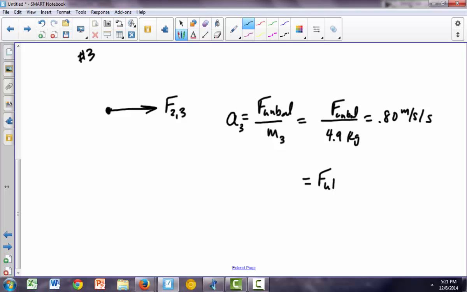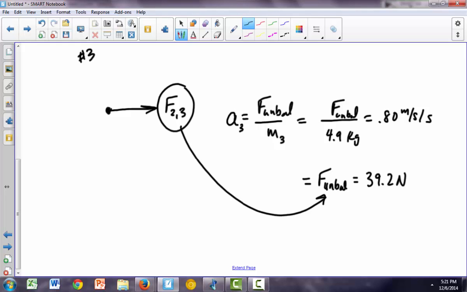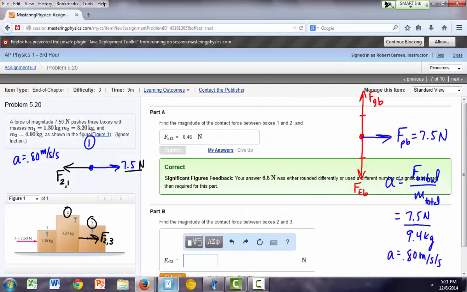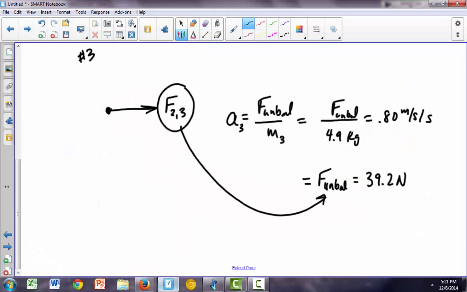So the unbalanced force is 39.2 newtons, and this force right here is the unbalanced force in box 3. So 39.2 should be my answer there. I do not feel good about that because I did something wrong. It should be 3.92. That makes a lot more sense. 3.92.